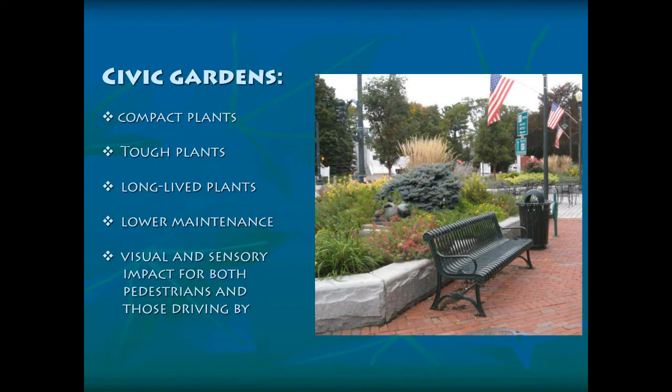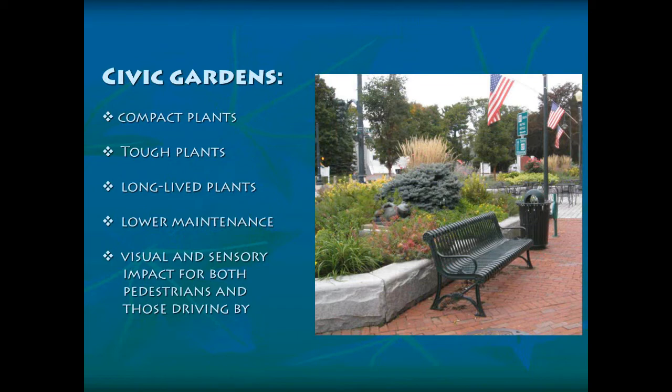So one of them is civic gardens, of course. It might be that traffic circle, it might be that parking lot island, it might be a little alley between two shops in the center of town, it might be at your library or your church. As garden club members, we all know about those kinds of gardens. And this one pictured here is in the center of Sharon, Massachusetts.